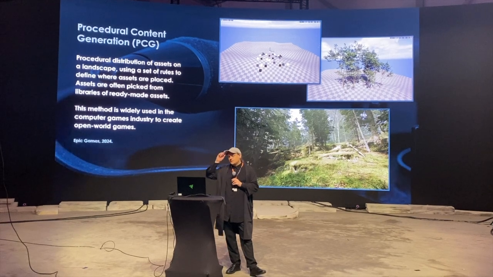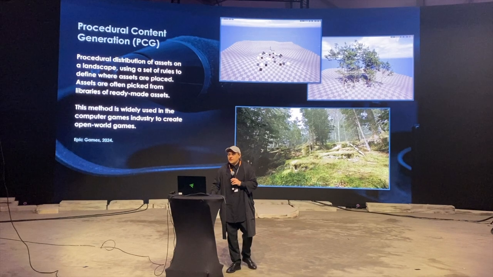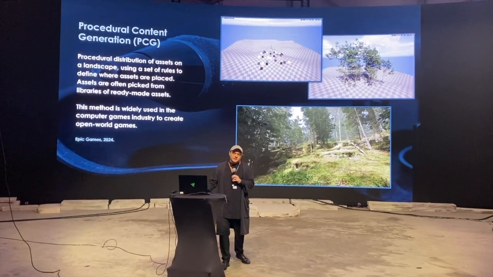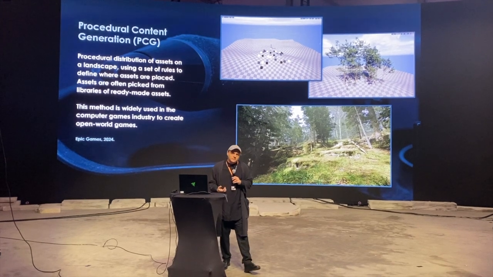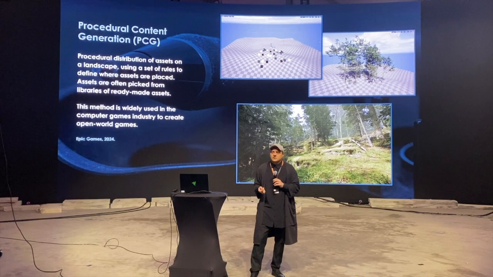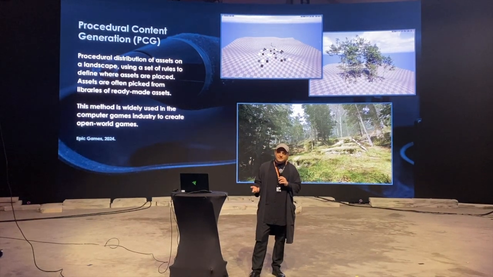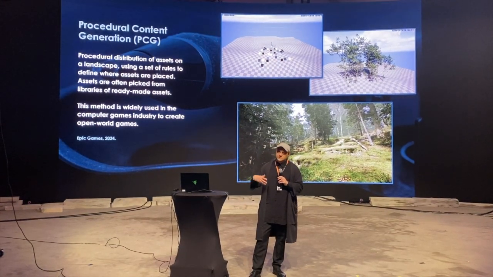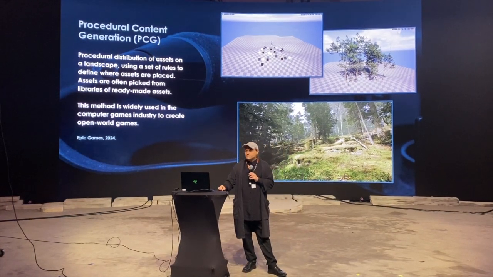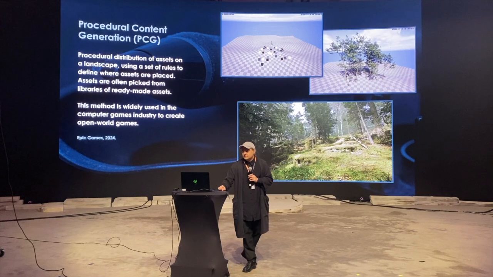And here we see an example with a landscape, which is the gray grid, and a set of points where trees are being distributed. If you make complex enough rules and conditional rules, you can construct complex environments like forests, cities, etc. by combining preset, pre-scanned or pre-made assets.